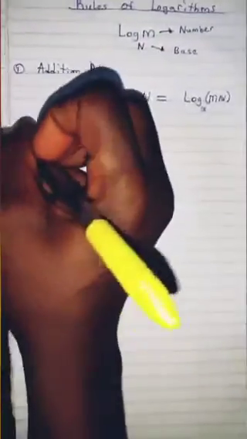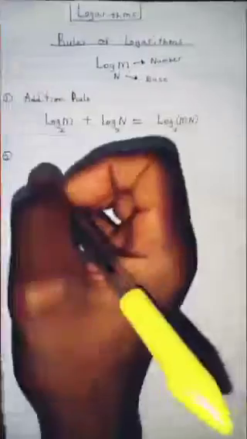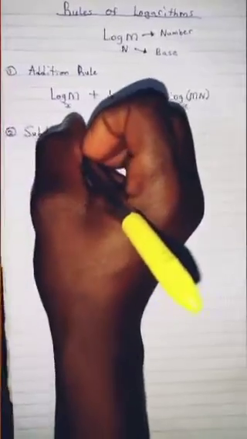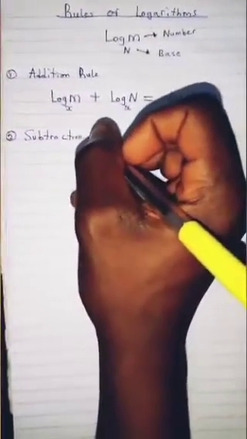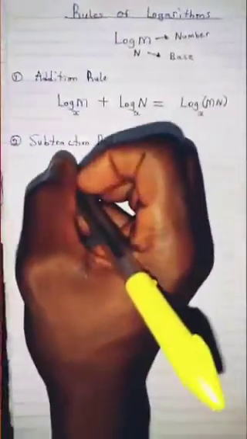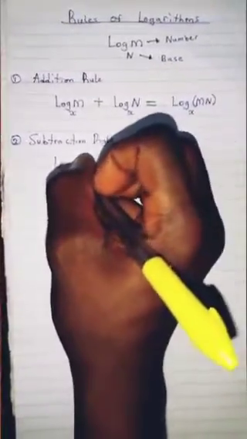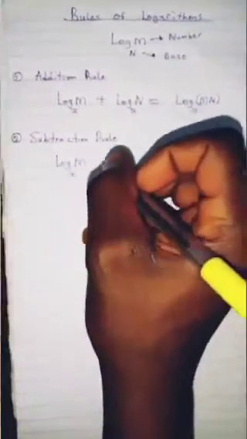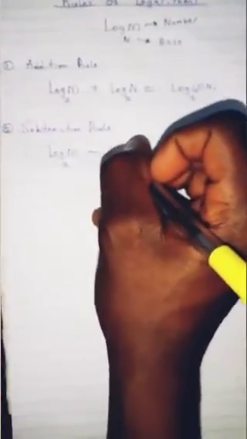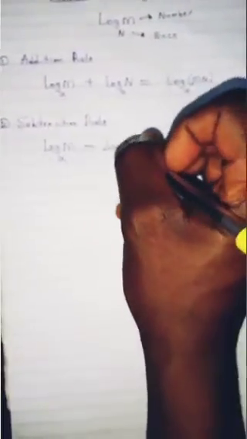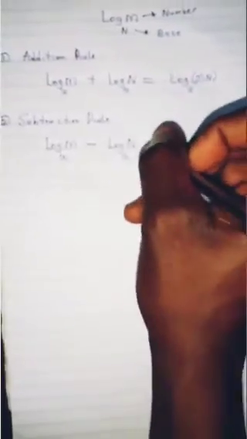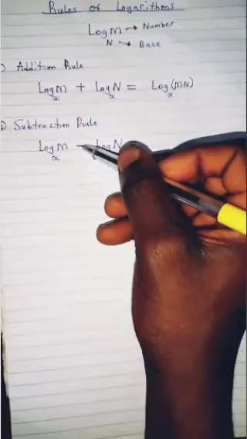So let's take a look at the second rule. That's the subtraction rule. If we have log m into base x minus log n into base x, now we are having subtraction in between the logs, and we can see that we are having the same base.